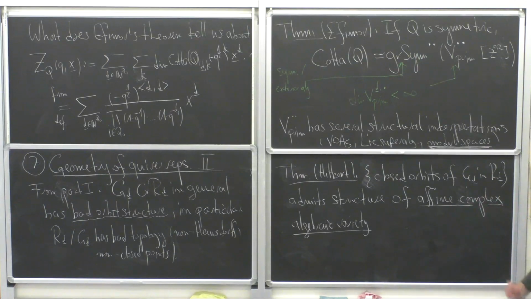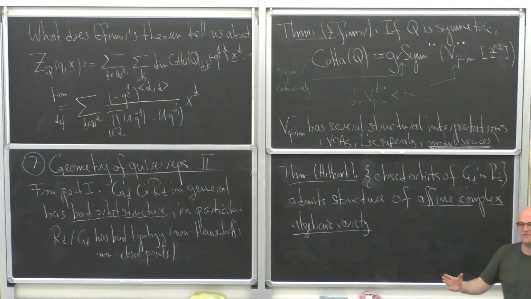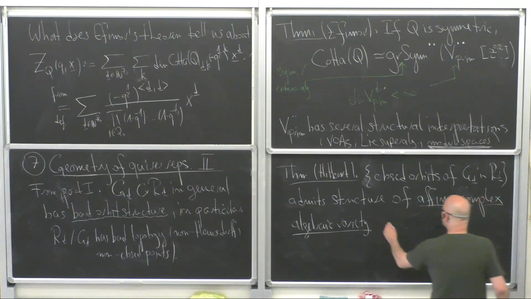We don't need the definition of a variety. It just means you can put on this a structure so that it is the set of solutions of polynomial equations in some complex vector space.